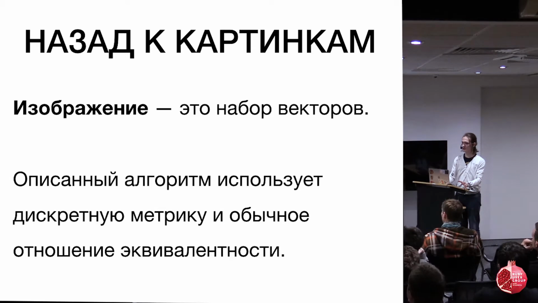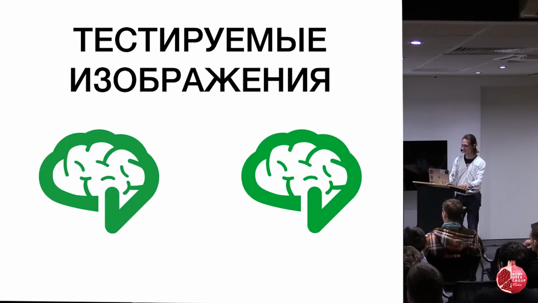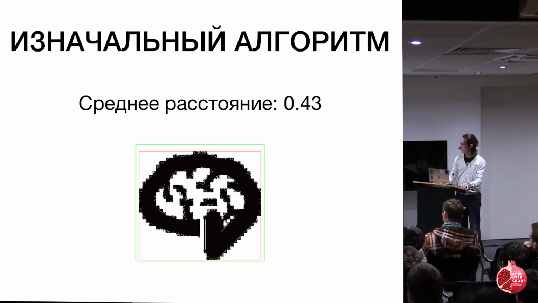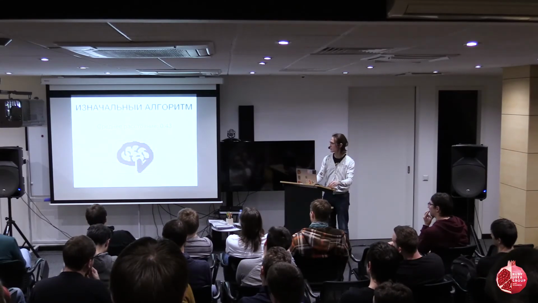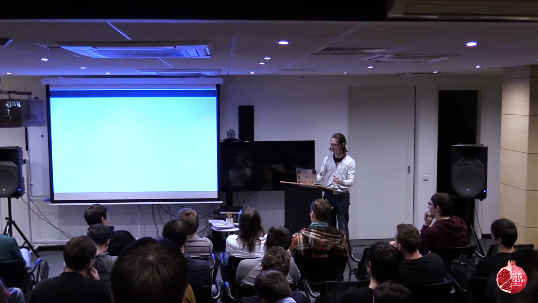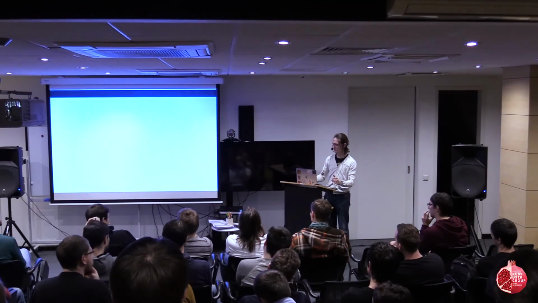The share of different pixels is the average distance. And the equivalence relation, if all pixel components are equal, the pixels are equal. I remind you of the image. Here is the initial algorithm. It showed the average distance 0.43.